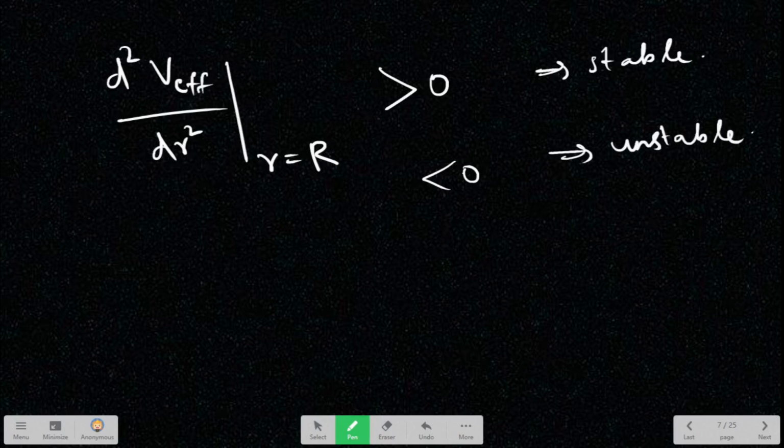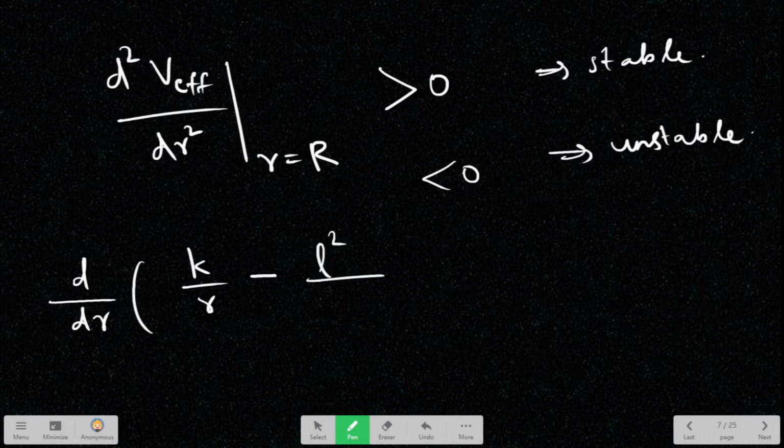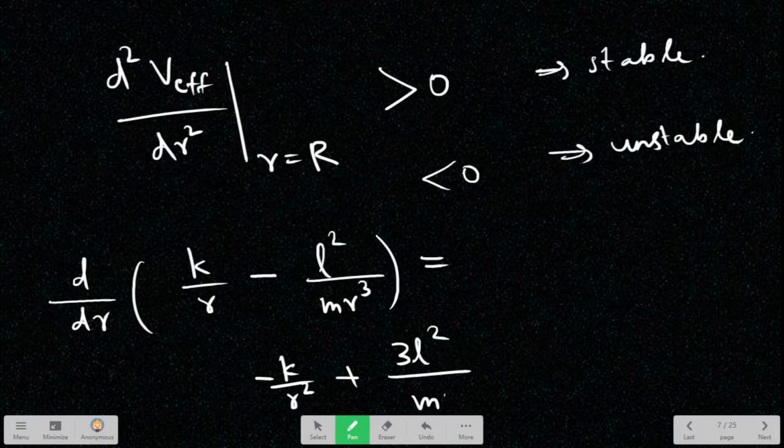So let's see if it is stable or unstable. The first derivative was equal to k by r minus L square divided by mr cube. So when you take the derivative, this will become minus k by r square plus 3L square divided by mr raised to 4.